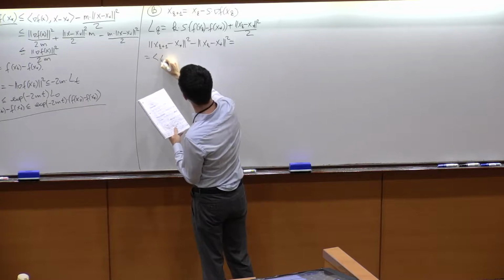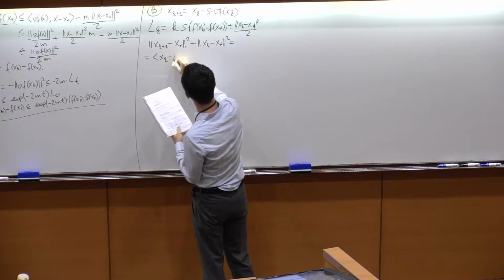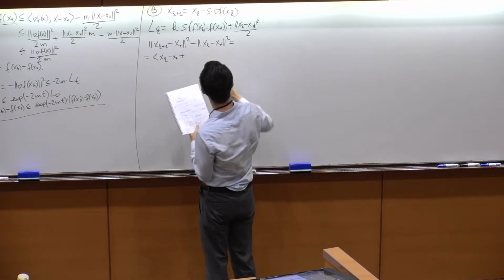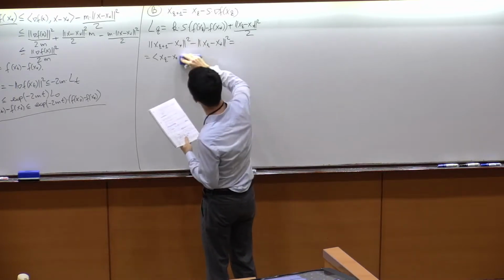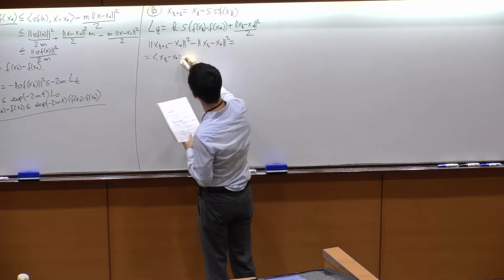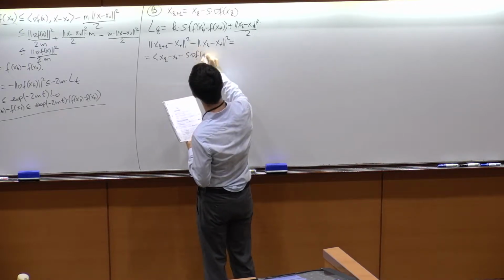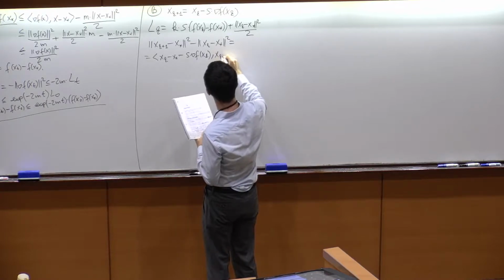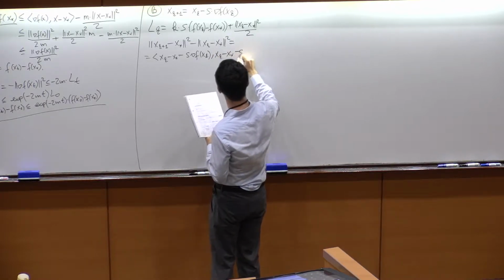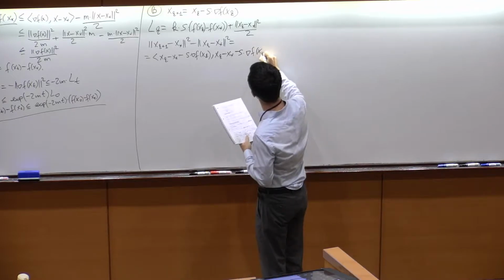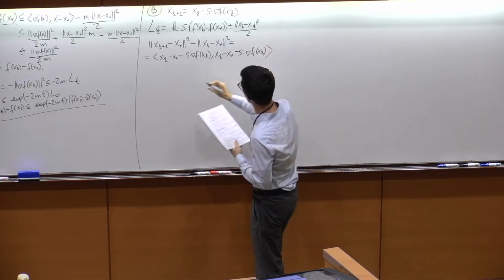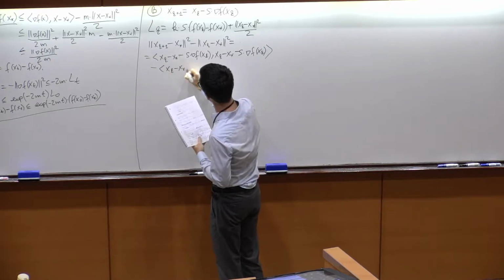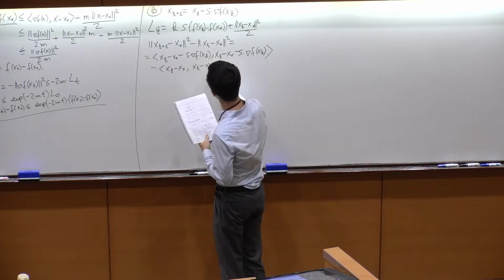So this is xk minus x star minus s times gradient f xk, xk minus x star minus s times gradient f xk. Okay, and then you have minus xk minus x star, xk minus x star.